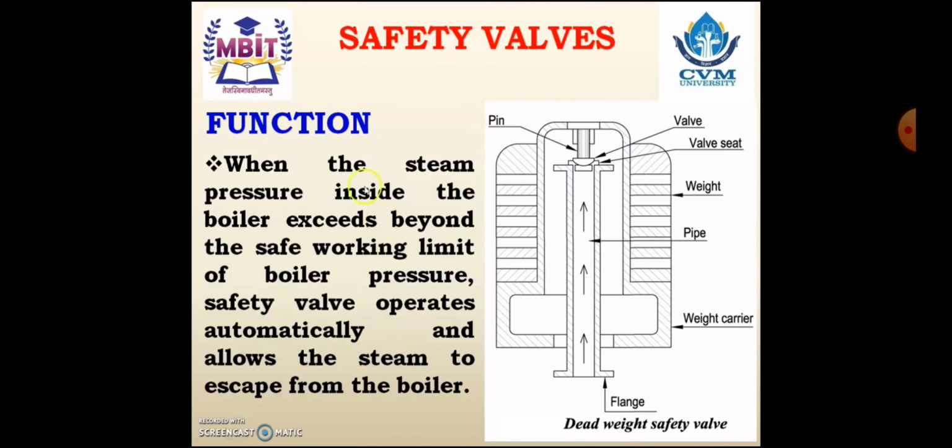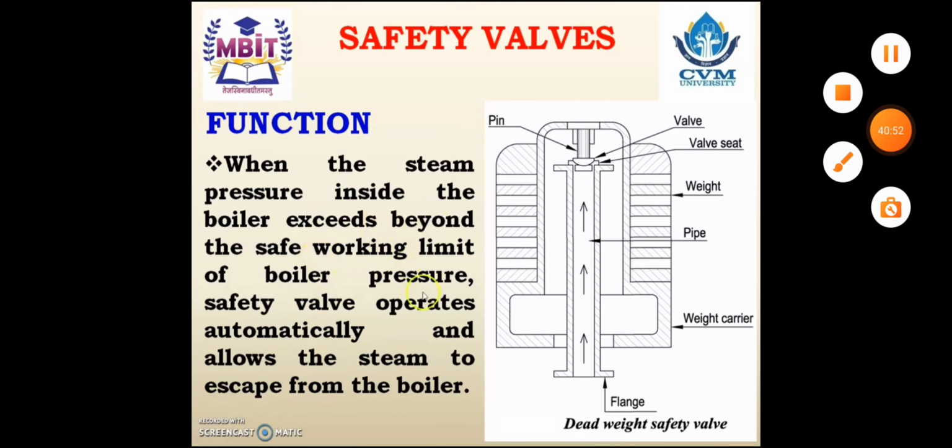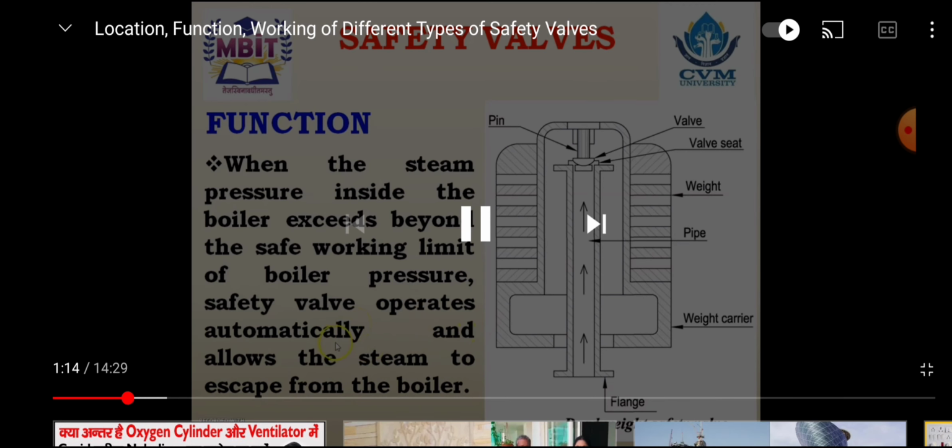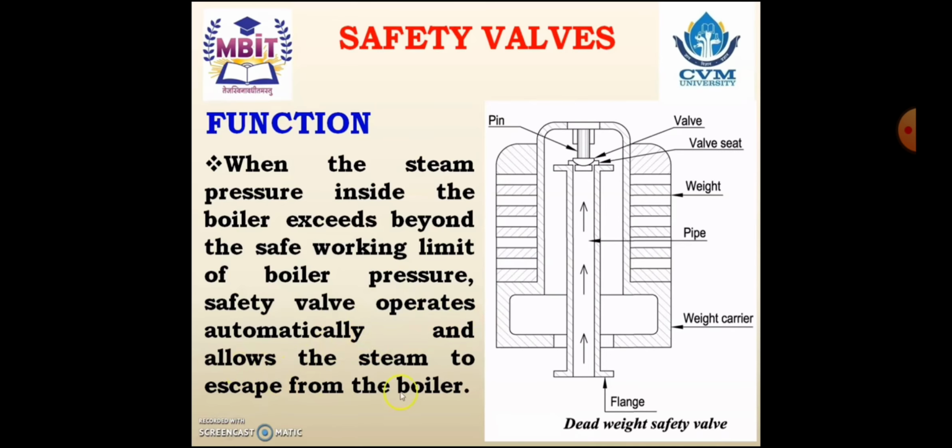How? Let us see. Whenever the steam pressure inside the boiler increases beyond the safe working limit of boiler pressure, the safety valves operate automatically and allow steam to escape from the boiler.